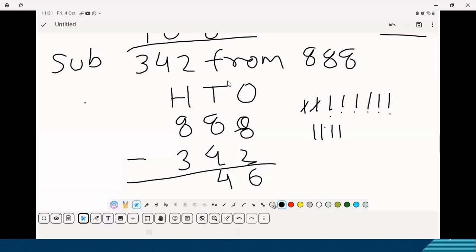Okay, so 4, 5, 6, 7, and 8. Here are 5 lines. So answer will be 546. Okay. So I hope this is very clear to do a subtraction of 3-digit number without borrowing. Now move to the next topic.